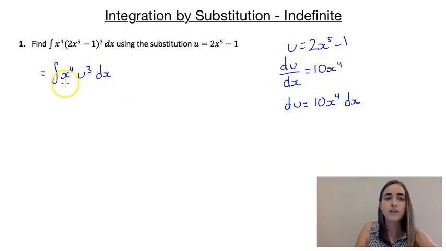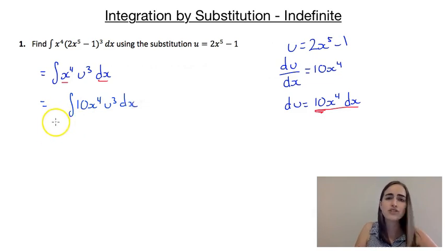But the problem at the moment is I have x's and u's and a dx, and having two different variables in there isn't going to work. But what we can do is use this bit here. That x to the power of 4 dx is here and here. So we're going to manipulate it so that we also have this 10 in the front. I'm going to rewrite this as the integral of 10x to the 4 u cubed dx.